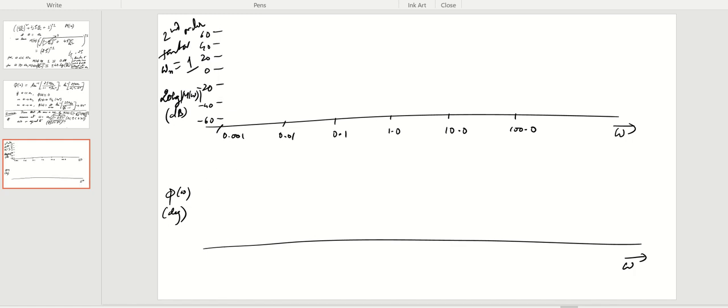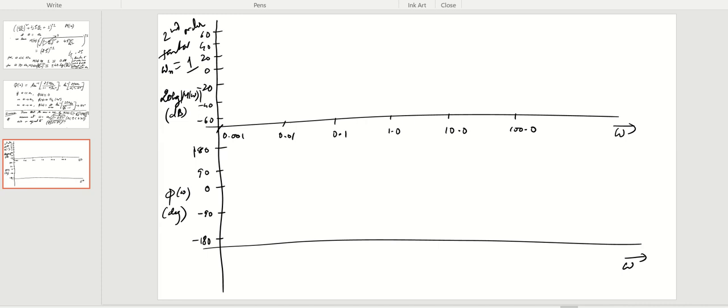Oops, I just erased the best straight line I've drawn so far in this lecture, and probably I'm going to replace it with a much worse one. As expected. Never mind. This is 0, this is minus 90, this is minus 180, this is 90, and this is 180.